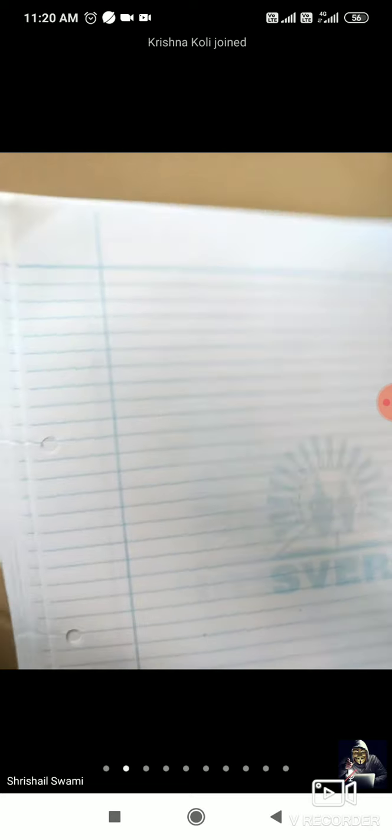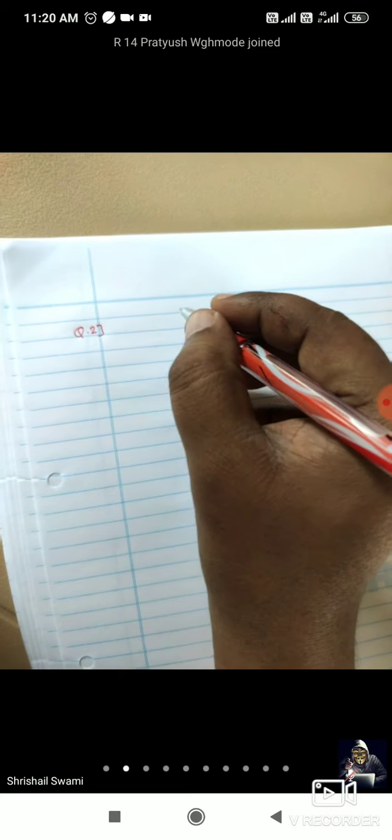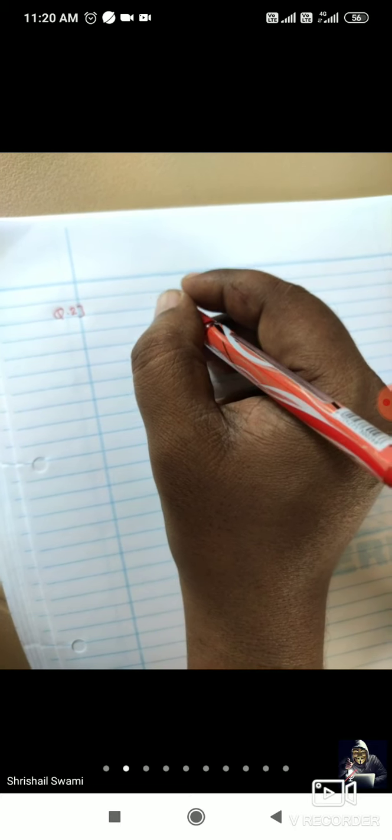Understood? So take the second problem as homework. I will give the homework for you people. So try this example as homework. Question number 2.